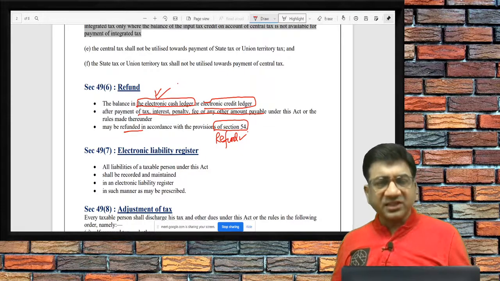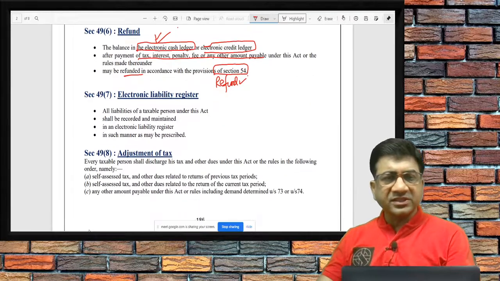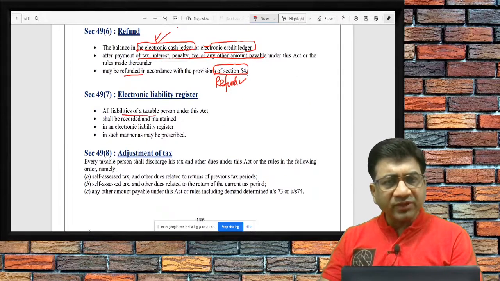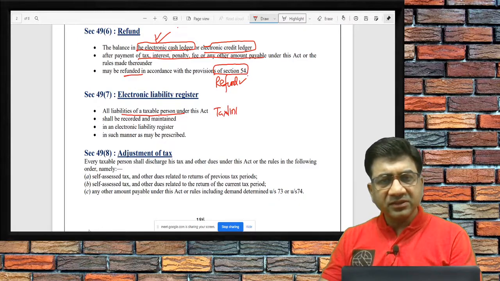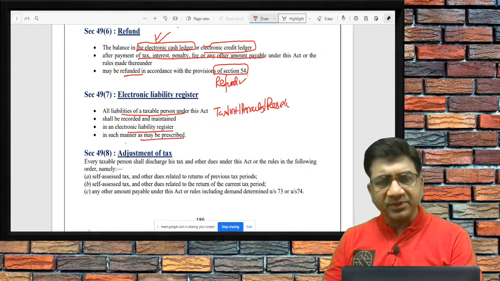But credit ledger refund has some restrictions obviously. So what is the electronic liability register? All liabilities of a taxable person, whether of tax, interest, penalty, fees, etc., shall be maintained in the electronic liability register, electronic credit ledger, electronic liability register as prescribed.